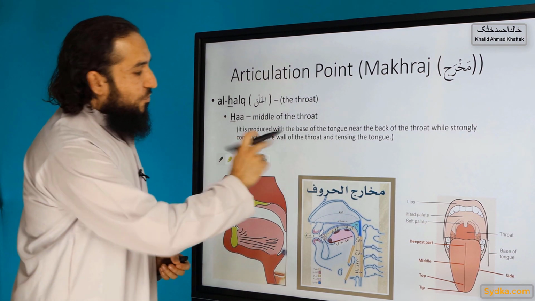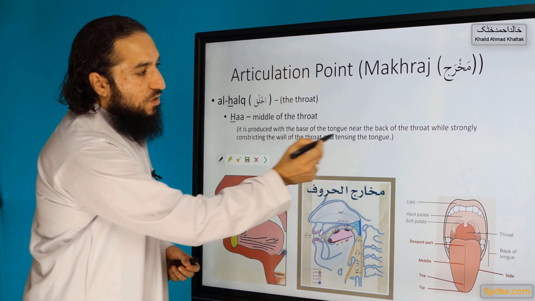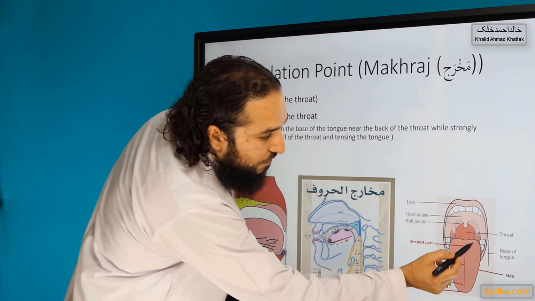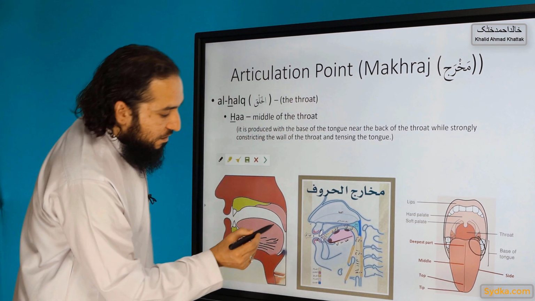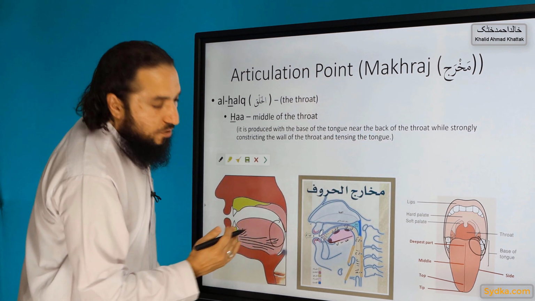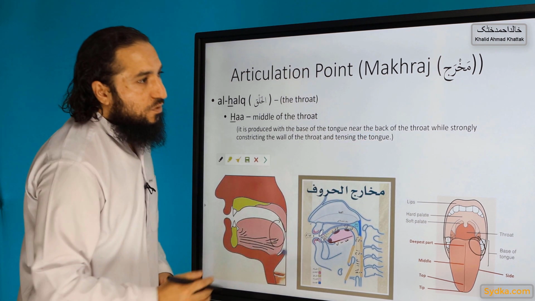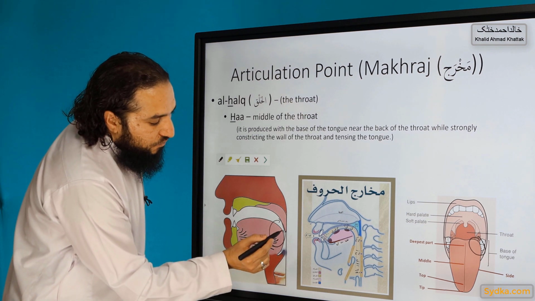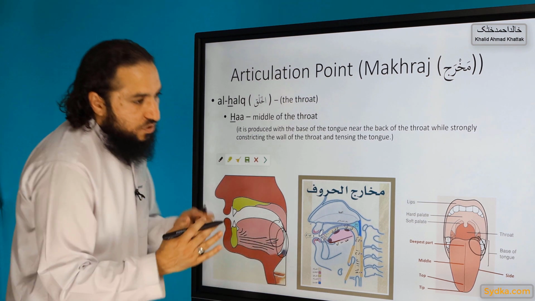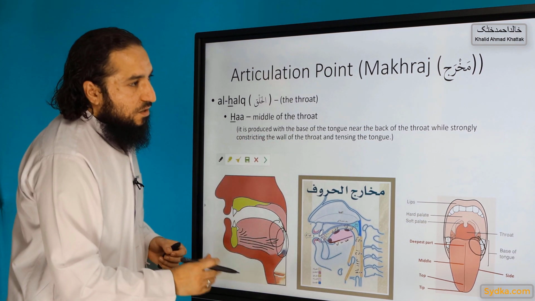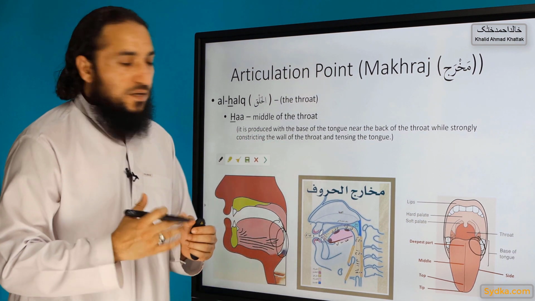It is produced with the base of the tongue near the back of the mouth. So the base of the tongue, you see here, that's the base of the tongue, near the back of the throat. It comes near the back of the throat and strongly constricts the wall, and the wall is constricted compared to other situations, and the tongue is tensed.